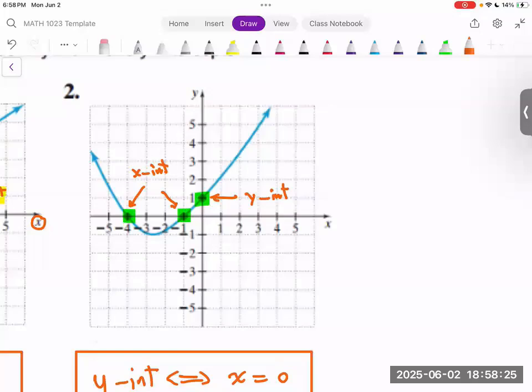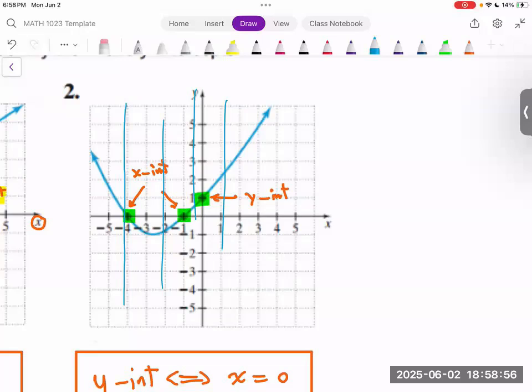Do you remember the vertical line test? We're going to go over it later on. If I have a graph and any vertical line intersects the graph at most once, then the graph represents a function. However, if I have 2 points on the same vertical line, then that graph cannot represent a function.